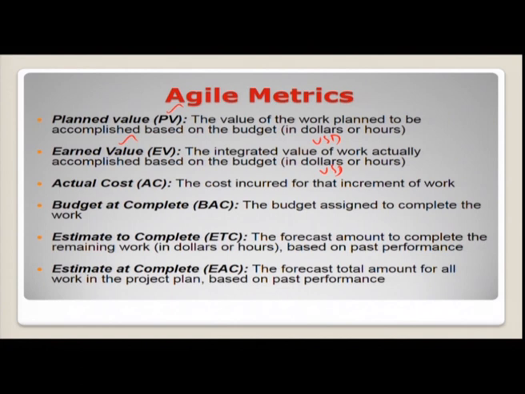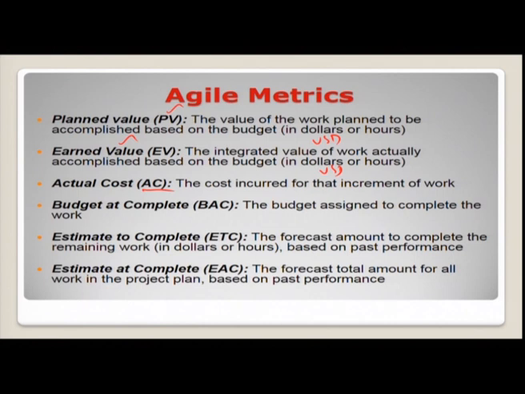So in this scenario, it is the work that has been actually carried out, whereas planned value is the work that is planned for execution, and here it is what is actually accomplished. Now next is AC. What is AC? AC denotes actual cost, the cost incurred for the increment of the work that has been carried out.